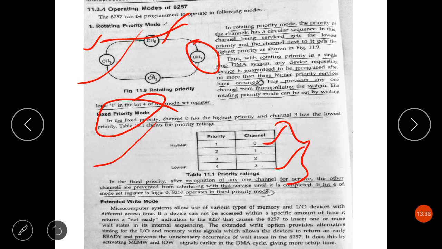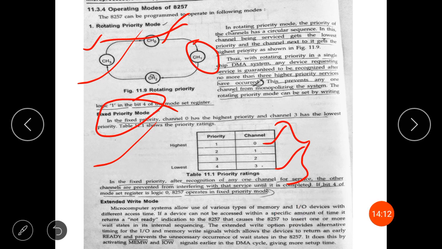So this extended write option provides alternative timing for the input output and memory write signals, which allows the input output devices to return an early ready and prevents the unnecessary occurrence of wait states in the 8257 DMA controller. It does this by activating the MEMW bar and IOW bar signals earlier in the DMA cycle, giving more setup time.